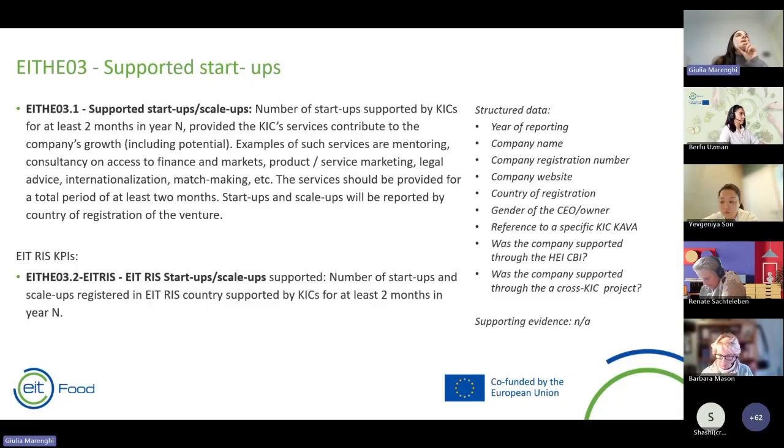We pass now to the third group of KPIs referring to the code EIT03, supported startups. Here we have only two sub-indicators. So we have the main one, O3.1, supported startups, referring then to the number of startups that were supported for at least 2 months in a certain year.